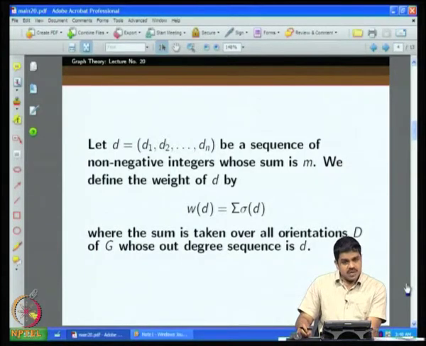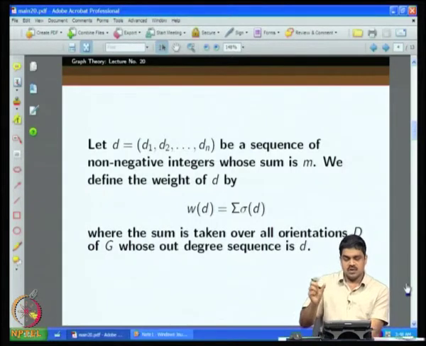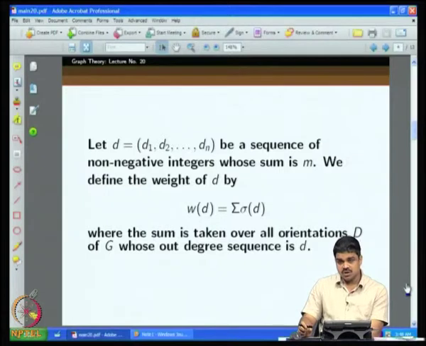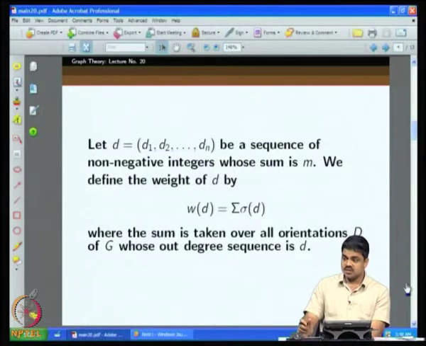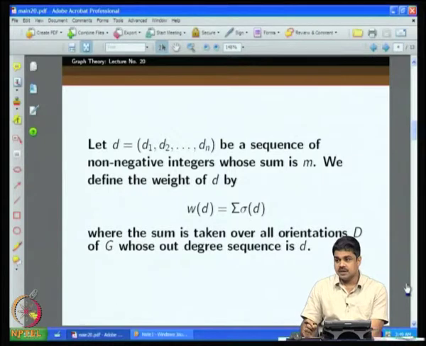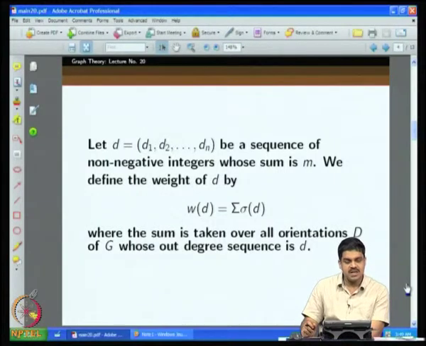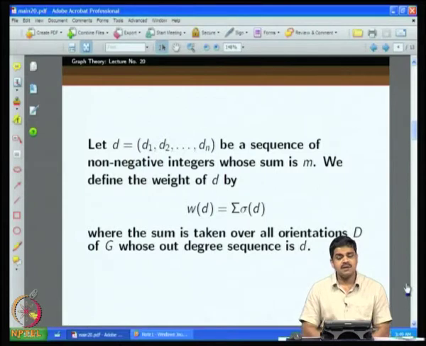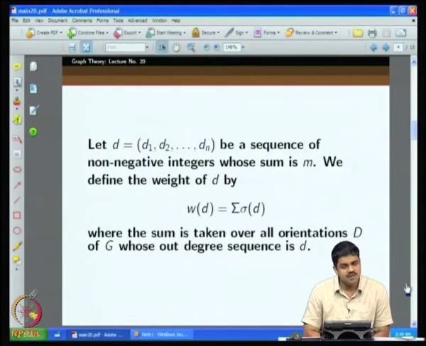With respect to this orientation, we can write down the degree sequence: v1 has degree d1, v2 has degree d2, and so on. But it is not true that different orientations have different degree sequences. It is possible that 2 different orientations may have the same degree sequence. So, given a particular degree sequence d1, d2, ..., dn, we collect all the orientations with that particular degree sequence, and then we consider the signs of each of them and sum them up.